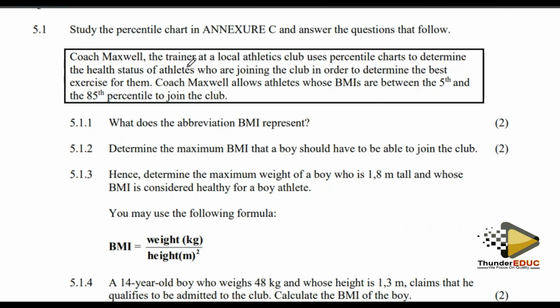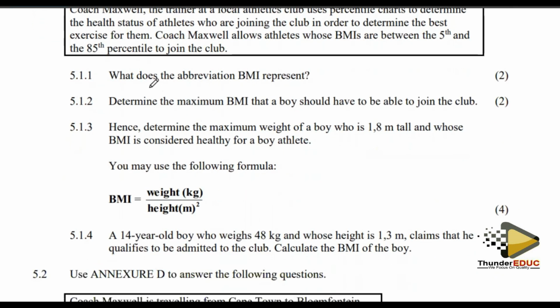Coach Maxwell allows athletes whose BMIs are between the 5th and the 85th percentile to join the club. What does the abbreviation BMI stand for? BMI, B stands for body. Then the M stands for mass.